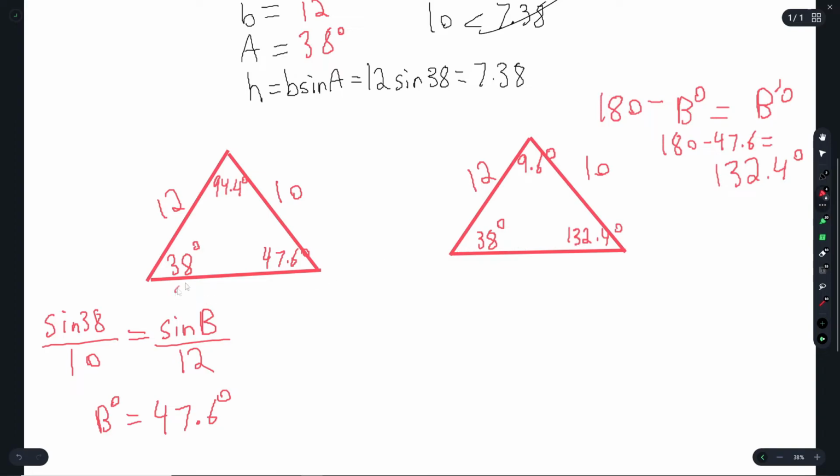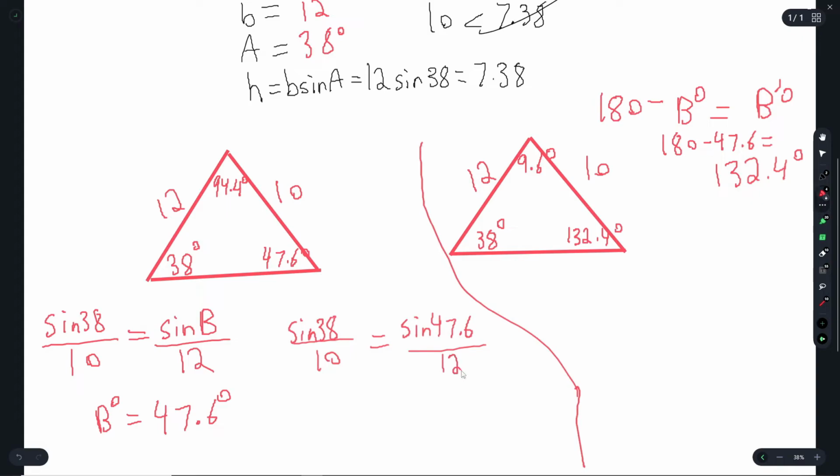So now we only need to find the last side. So we can use sine law again. I'll do the first triangle first. Oh, no, we need to find the third side.